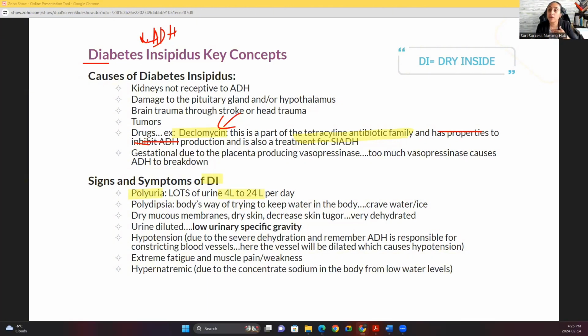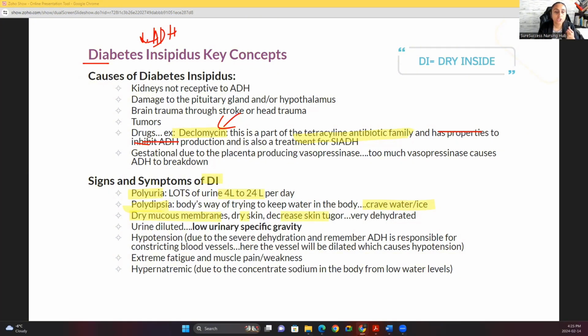And when he has too much water going out, what is he going to have? Too much thirst. He's craving for water, craving for ice. Dry inside means he is dehydrated: dry mucous membrane, dry skin, decreased skin turgor. And what is happening to the urine? Is urine too much or too less?